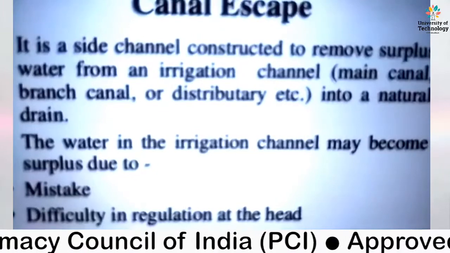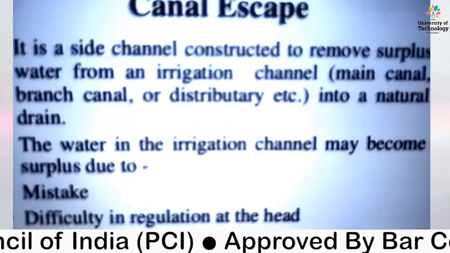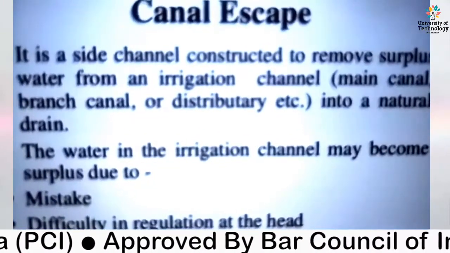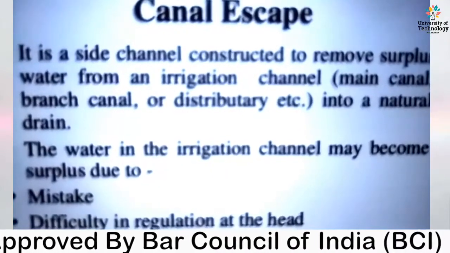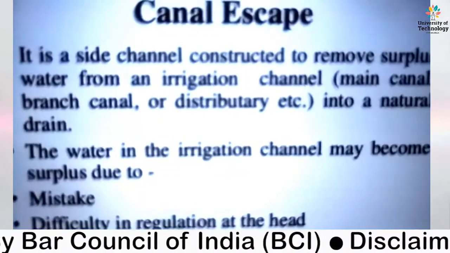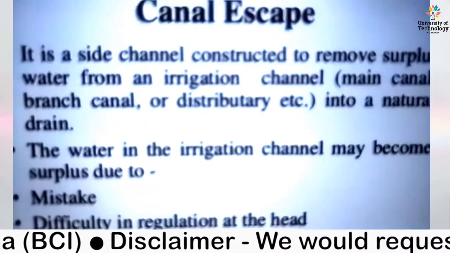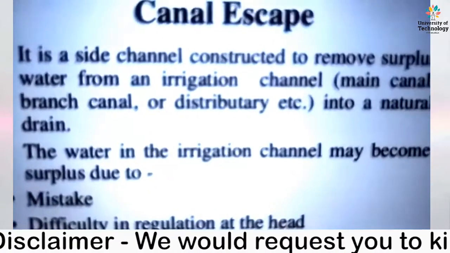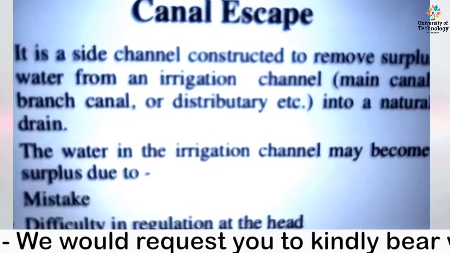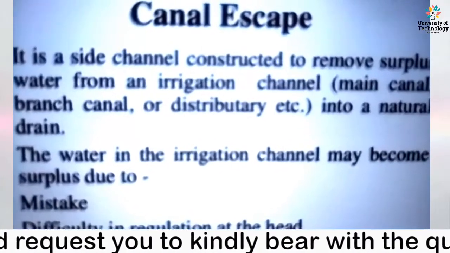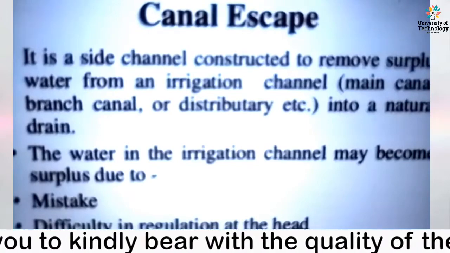To overcome this difficulty, we should provide a canal escape, to remove surplus water from the canal to the nearest drain or nearest river. So protection of the canal is assured.